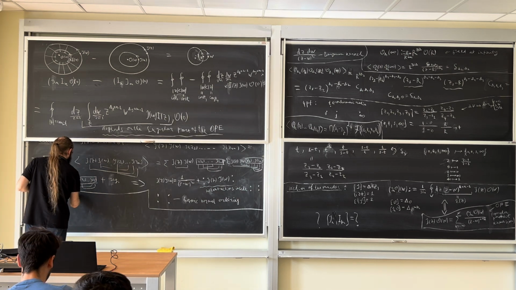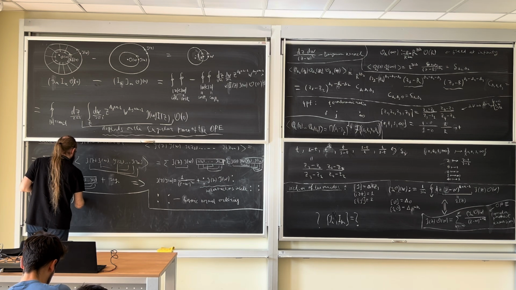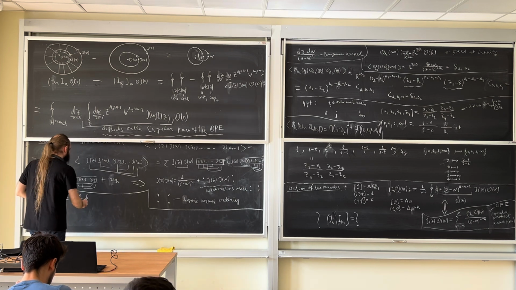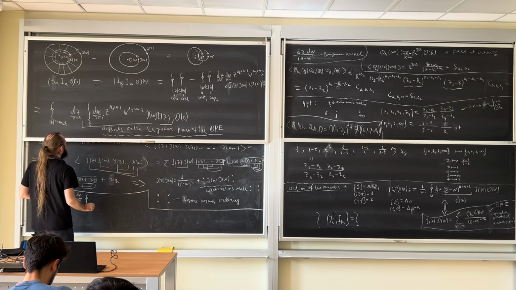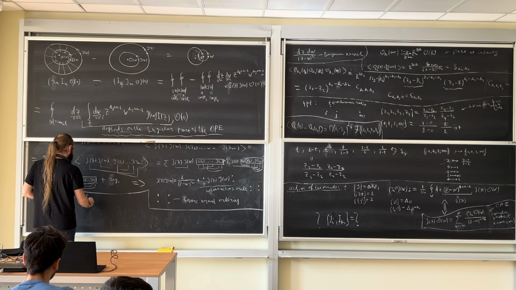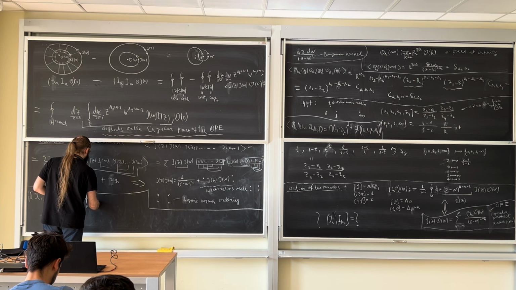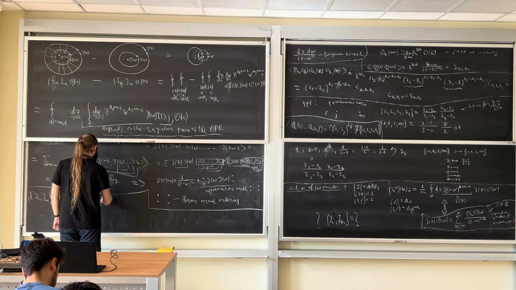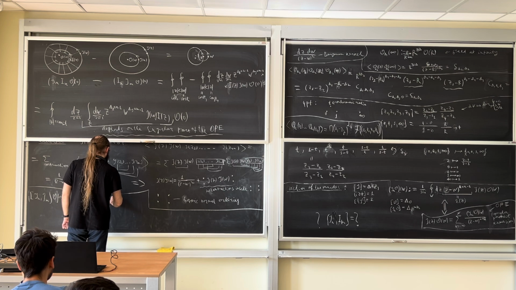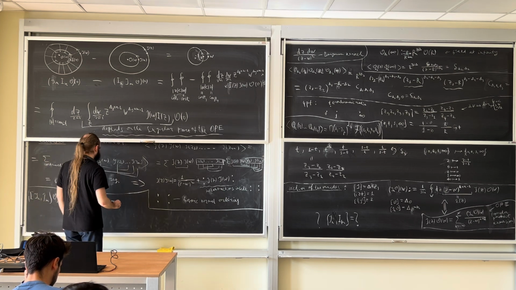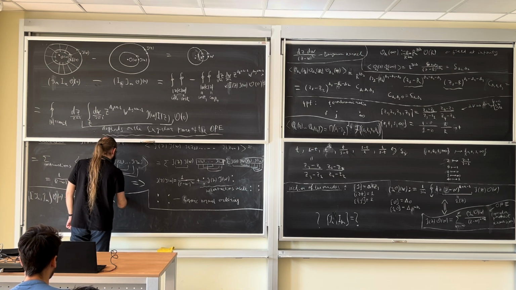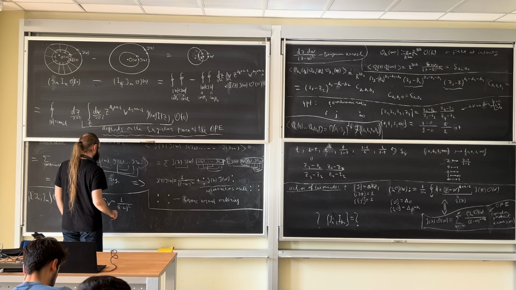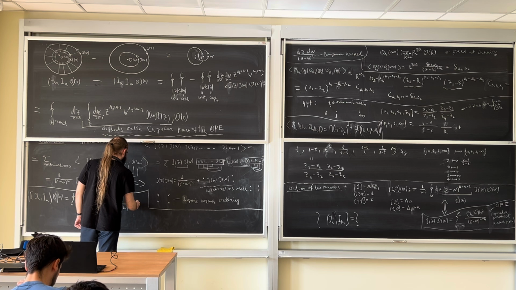So this will be the integral over dz over 2 pi i, around 0, z to the n, w to the m, 1 over z minus w squared, acting on the vacuum.